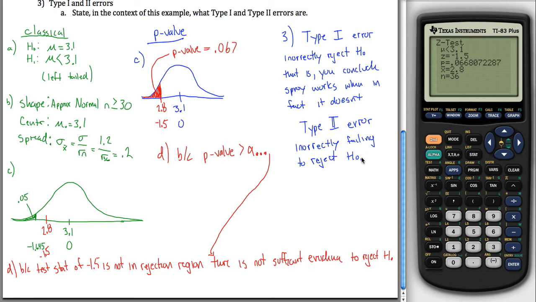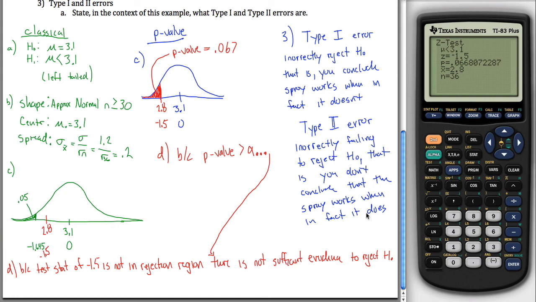In other words, that is, you don't conclude that the drug works. Or the spray, I guess I shouldn't have said drug. That the spray works, when in fact it does. You don't conclude that it works when in fact it does.